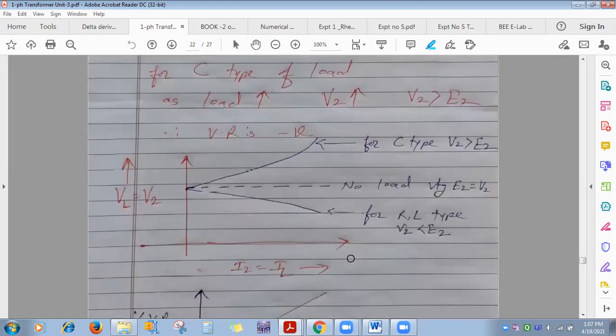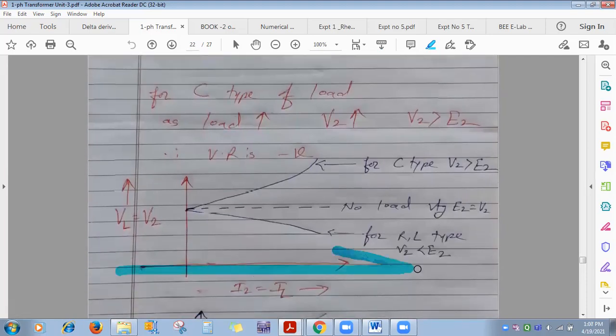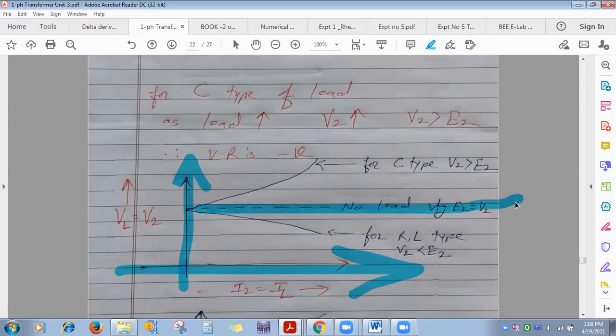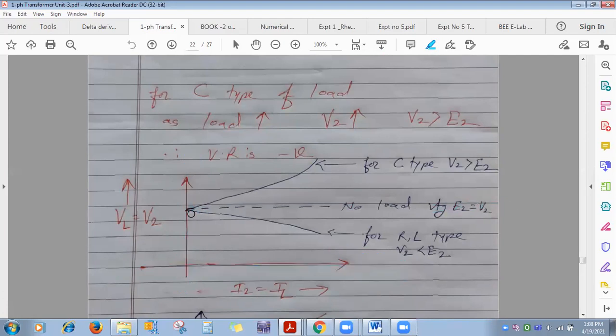This is in the form of a graph I have plotted, I2 along the x-axis and voltage across the load along the y-axis. So this is the no load voltage. We have seen the no load voltage E2 is constant always. Now when you switch on R and L type of load, the voltage across it goes on decreasing, positive voltage regulation.